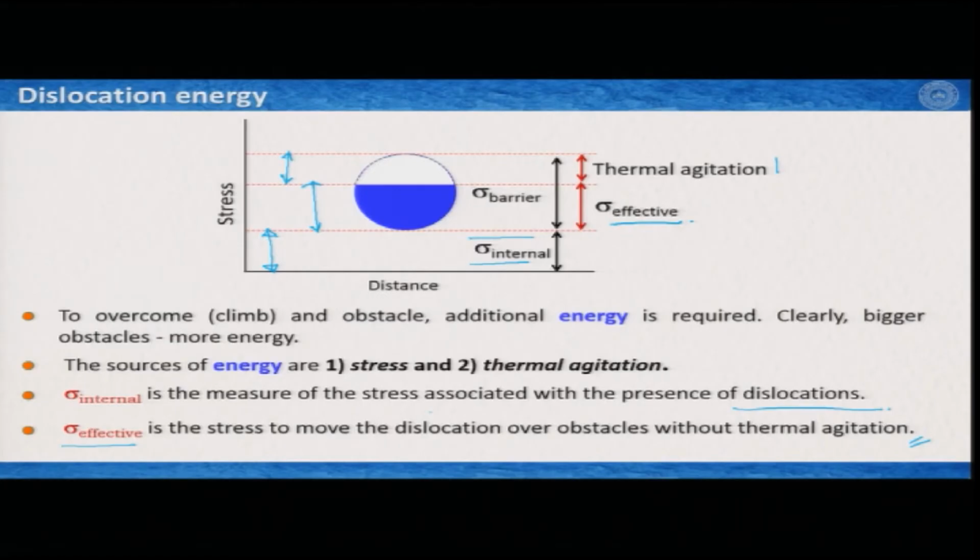Now, in the next slide, we will see some different possibilities where sigma internal, sigma effective and thermal agitation are competing with each other to continue the movement of the dislocation.